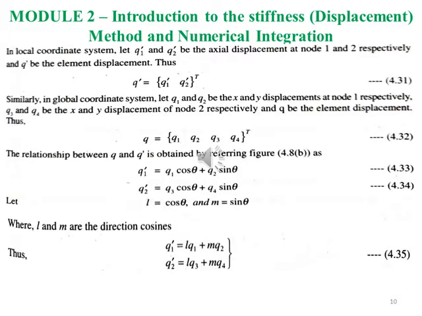So now if I want to write this in matrix form, I can rewrite this equation in matrix form. We shall see in the next slide the matrix form of writing this equation 4.35.